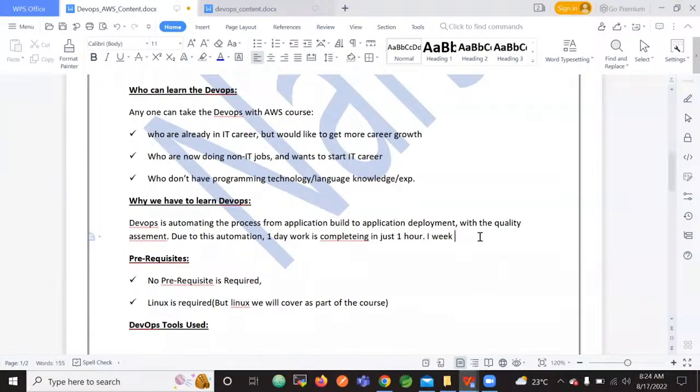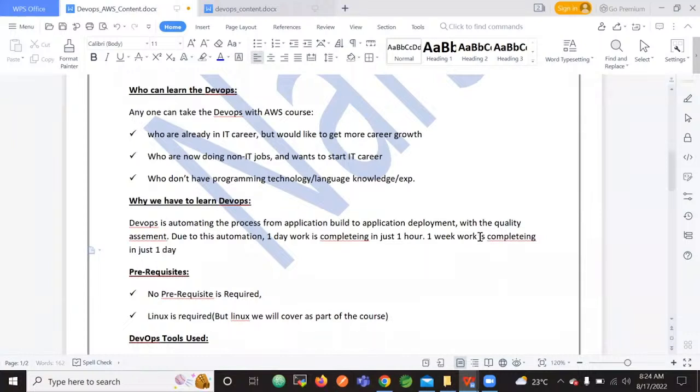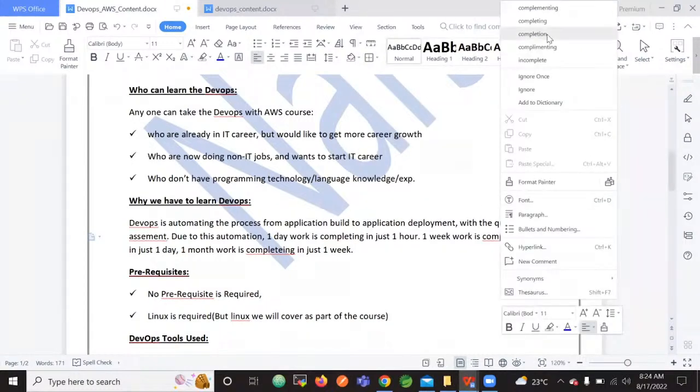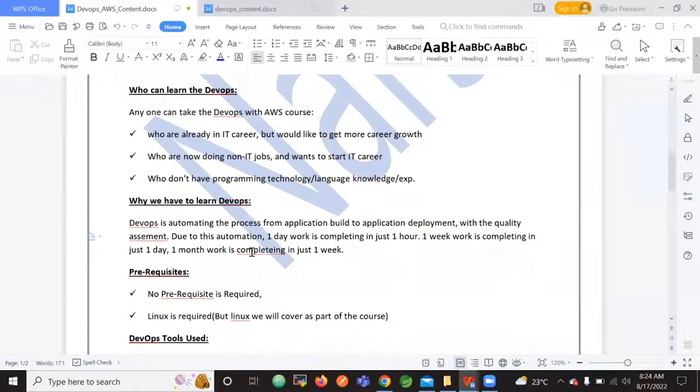One week of work is completing in just 1 day. One month of work is completing in just 1 week. So we get more productivity, in the sense that work is completing very quickly, very fast, right?